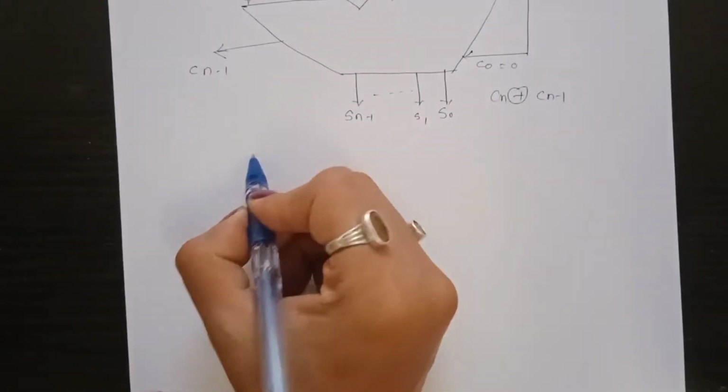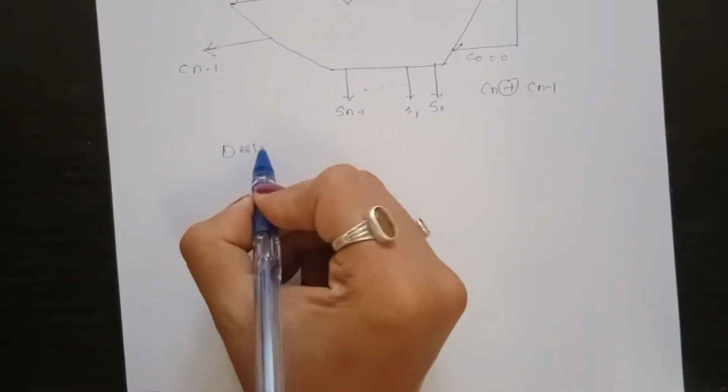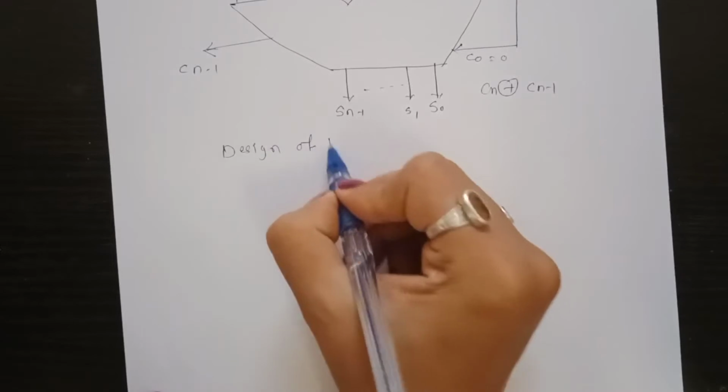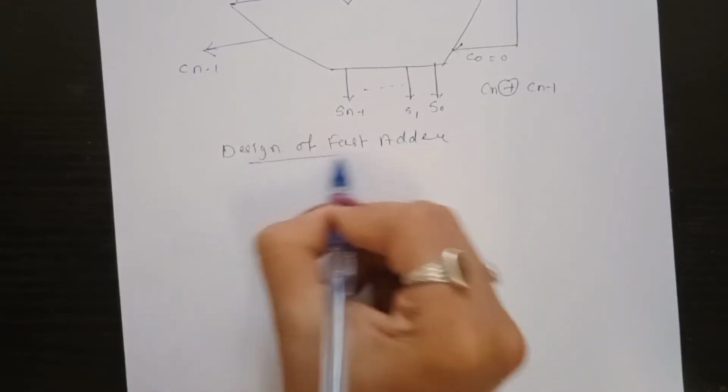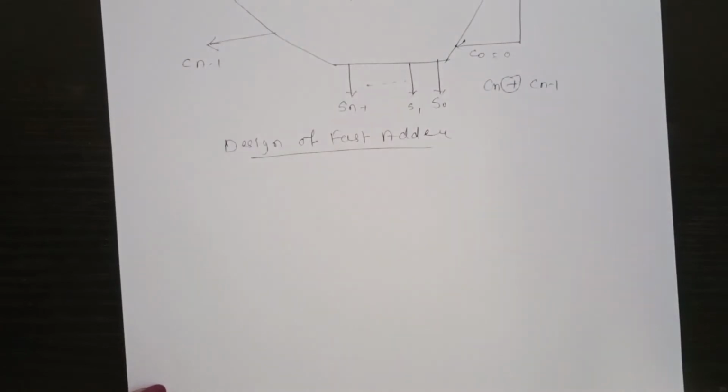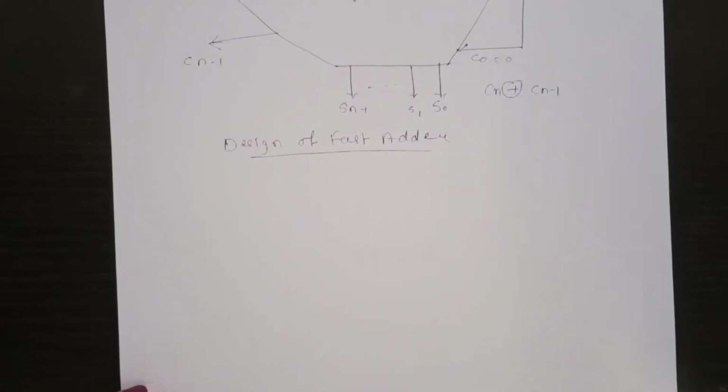Okay, after that we have to design a fast adder. Now in the last lecture we have seen how to design a ripple carry adder, how to design a cascaded adder. So simply we can design a fast adder by using an n-bit ripple carry adder.